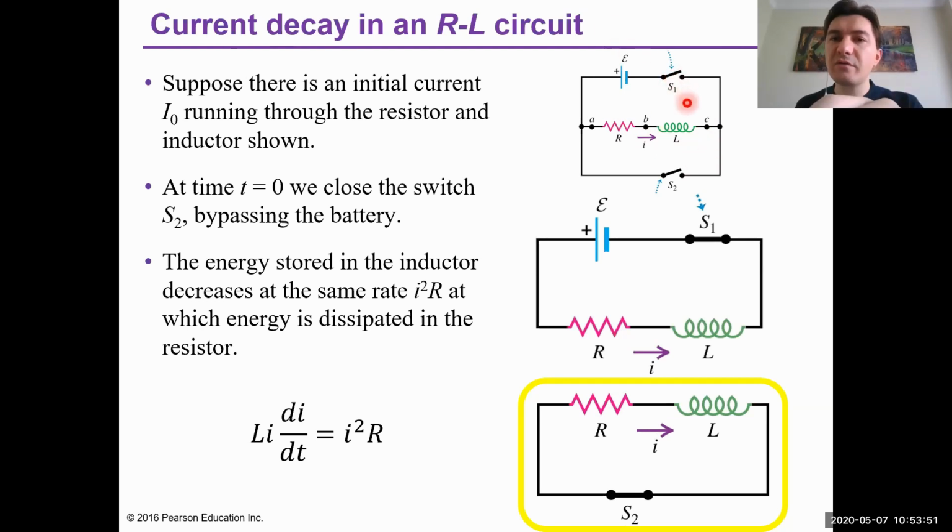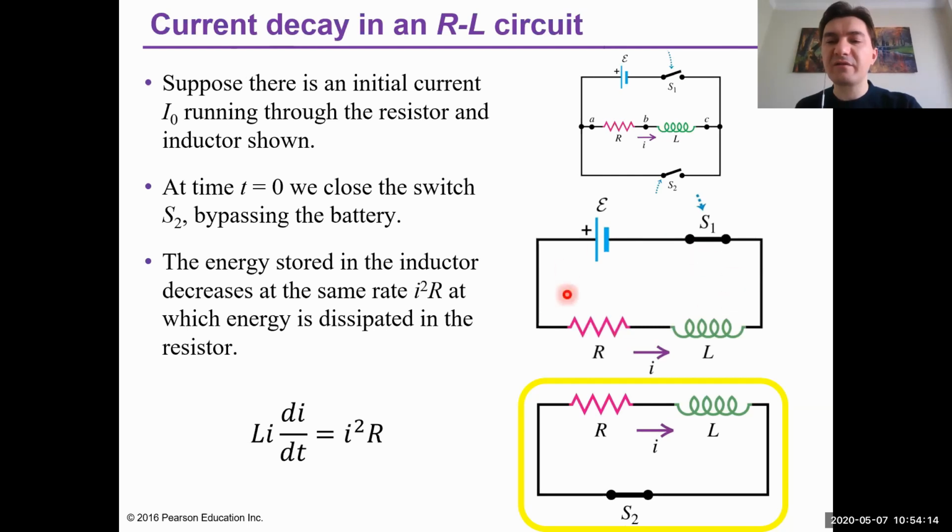Now, when the current reaches the maximum current, we open that switch and bypass that EMF and then close that switch. So then there will be current like this. The EMF will be bypassed. So this was the first condition.